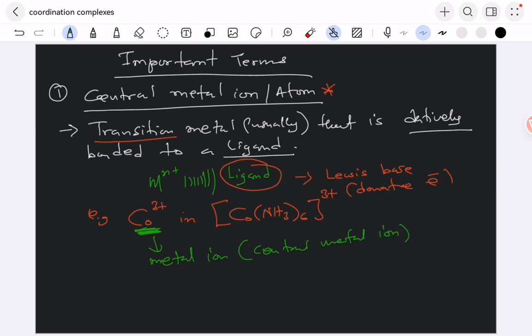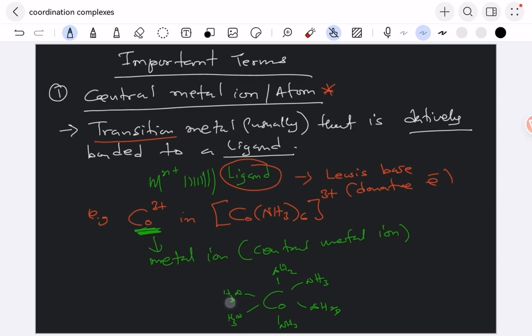We have a cobalt at the center, and it's bonded to 6 of those amine compounds. So basically, something like that.